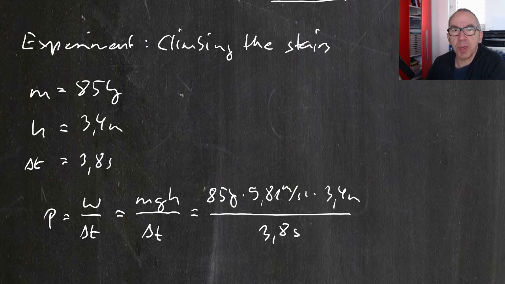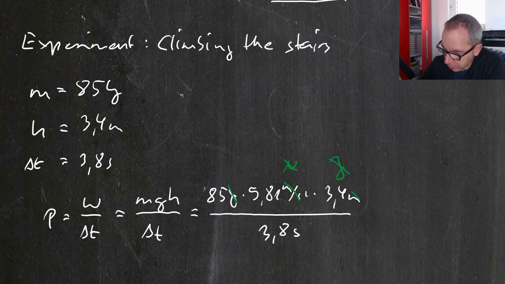So just for fun, we can have a look at the units. Kilograms times meter per second square is a Newton. Newton times meter is joule, and joule per second is watt.